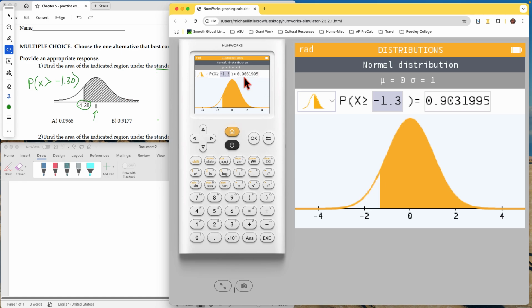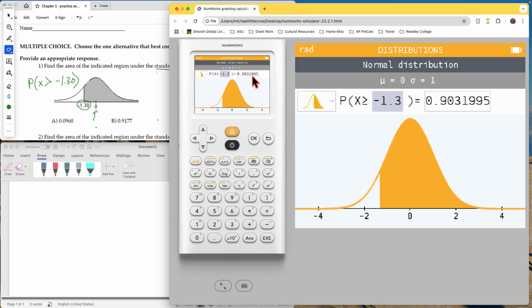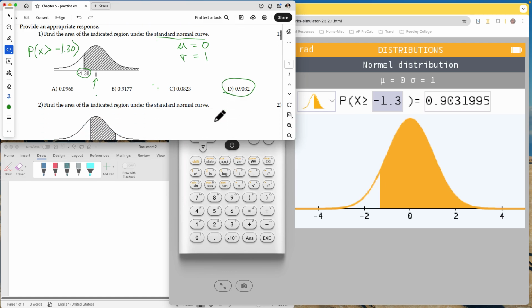There's our area, 0.9032 rounded. That was question number 1.